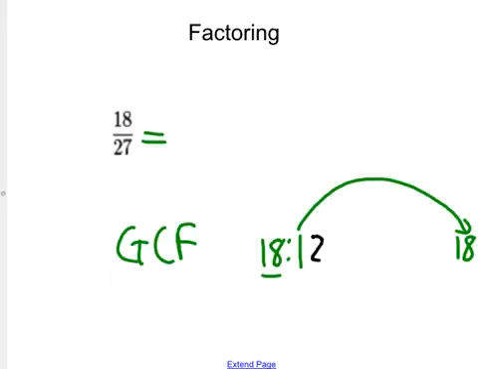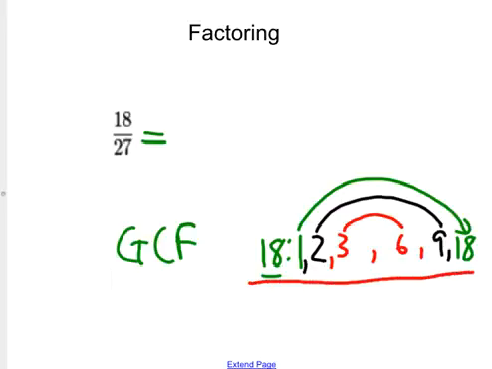I also know that 2 and 9 are a factor pair because 2 times 9 is 18. Another factor pair that I have is 3 and 6 because 3 times 6 is 18. And you get this nice little rainbow effect, and I often call this a factor rainbow. But that is all the factors of 18.